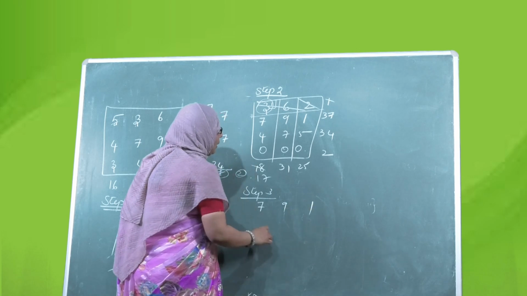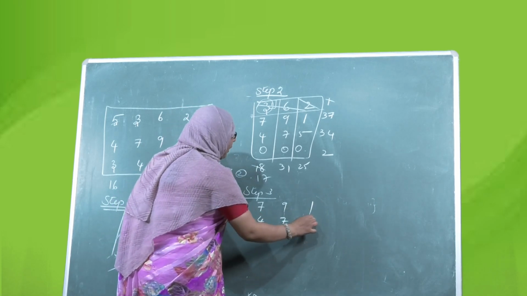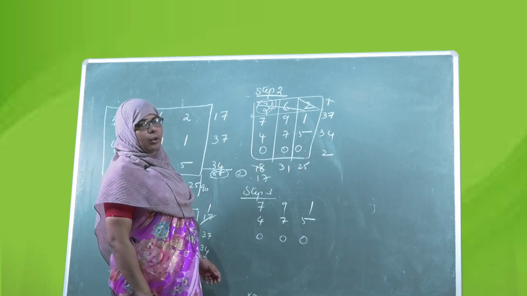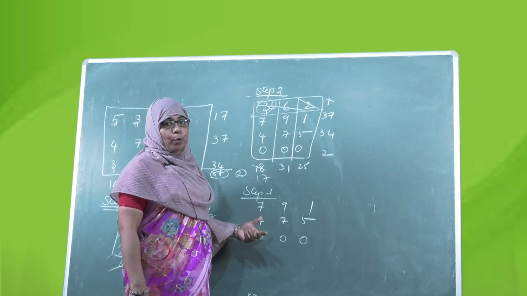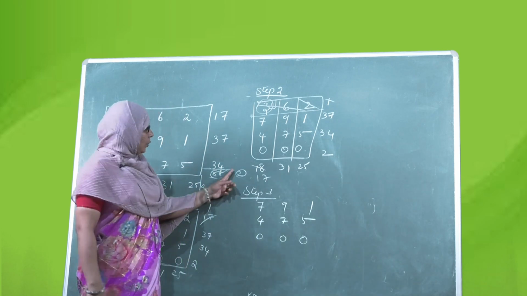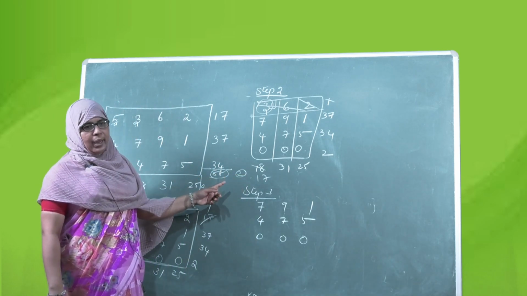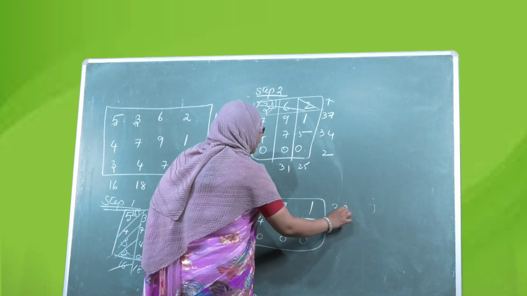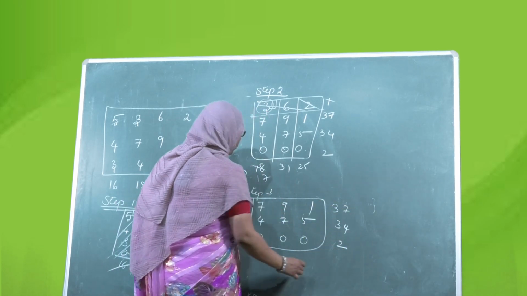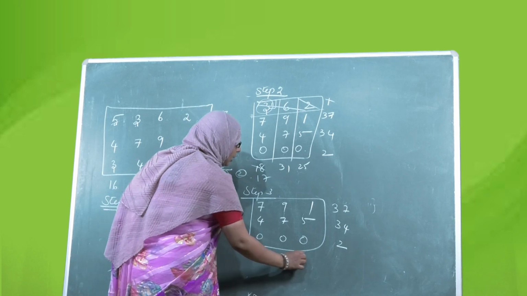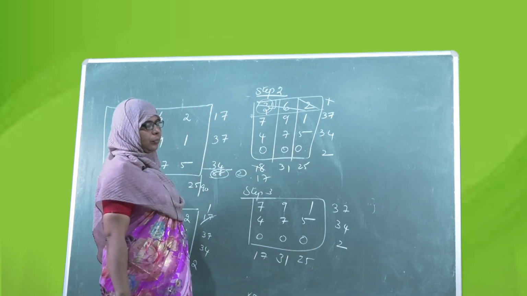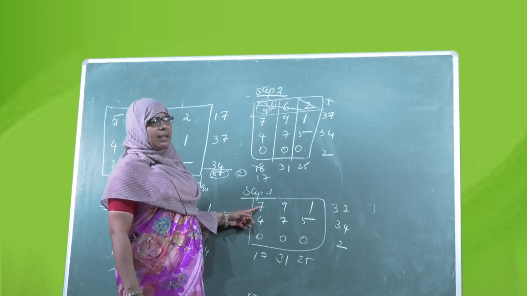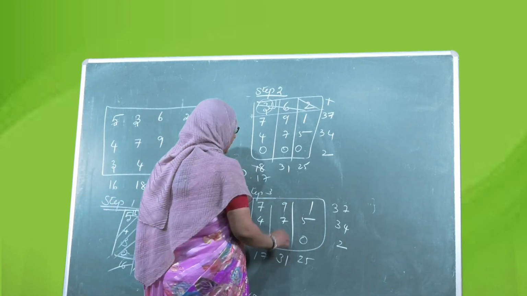7, 9, 1, 4, 7, 5, 0, 0. That is the dummy row. We are adding the dummy row for the compensation of 2. So 37, 34, 2, and 17, 31, 25. What is the northwest element? 7 is the northwest element.